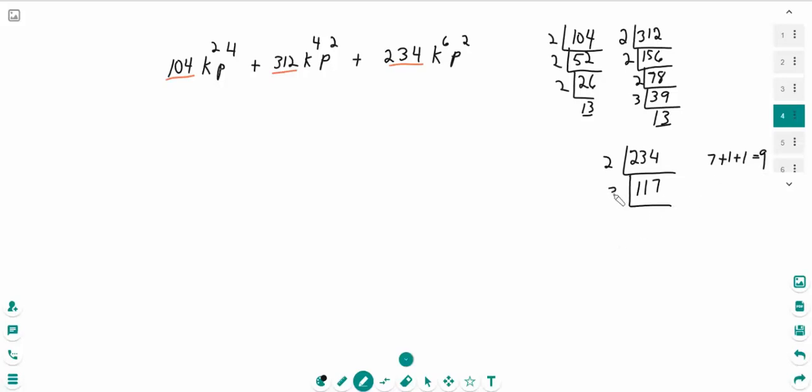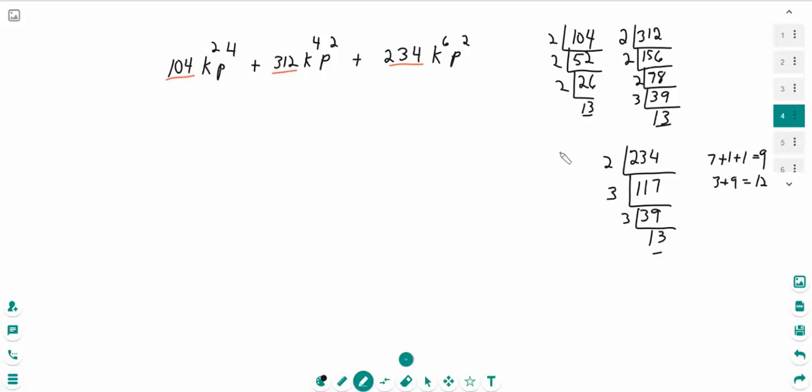So 3 can go into this number. 3 can go into 11 3 times with a remainder of 2, which would make this a 27. 3 can go into 27 9 times. This again is divisible by 3 because 3 plus 9 is 12, and 3 can go into 12. So 3 can go into 39 once and 3 times, so we're left with another 13. Excellent.